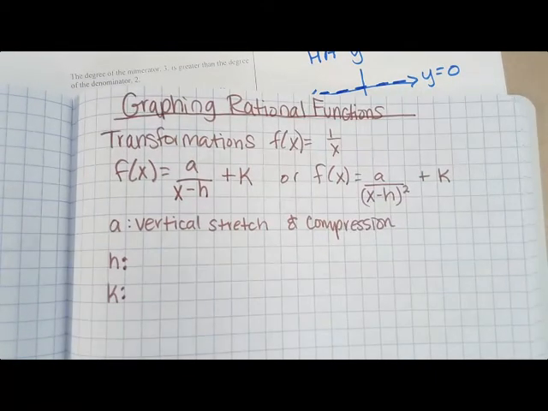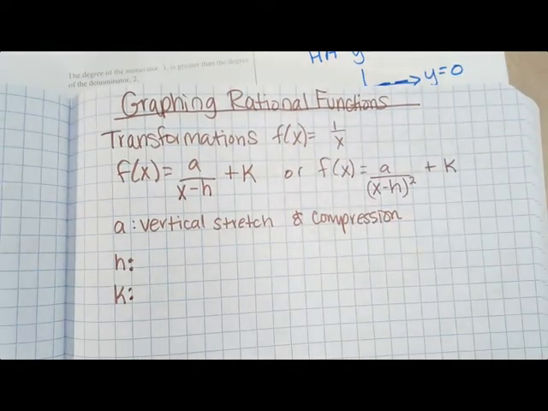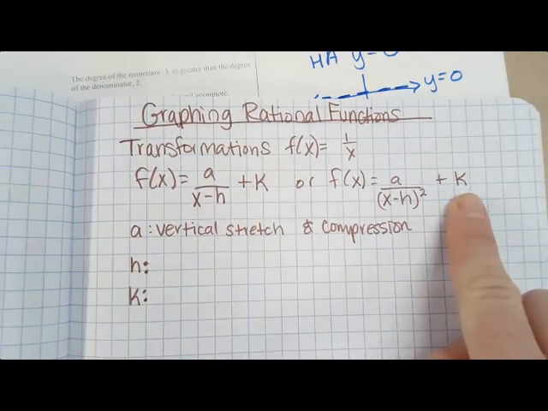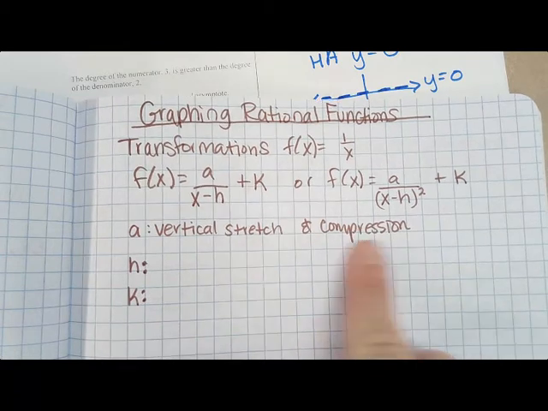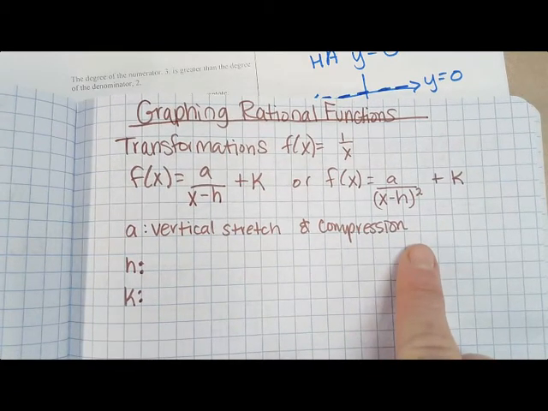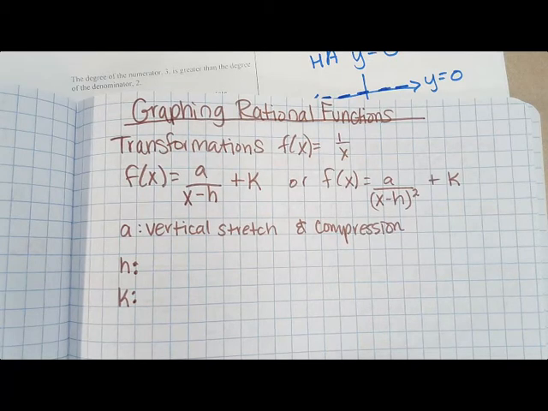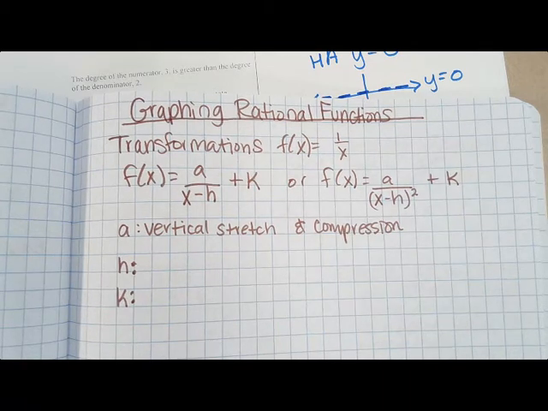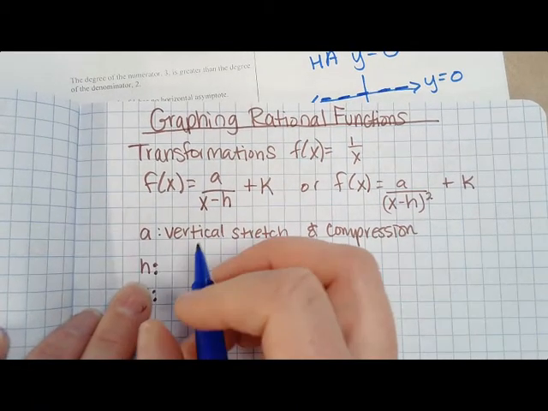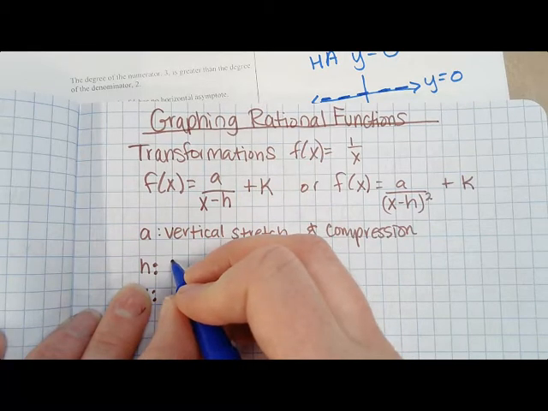So graphing rational functions, we are going to look at how it transforms from f of x equals 1/x. And here's our transformations. A is your vertical stretch and compression. I'll let y'all copy that down. And then H is what moves it horizontal, left and right.